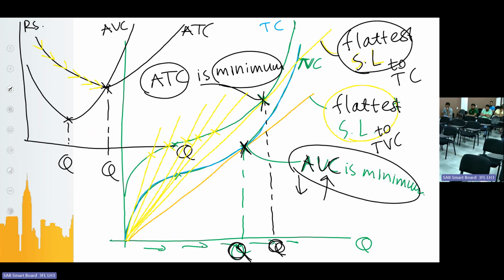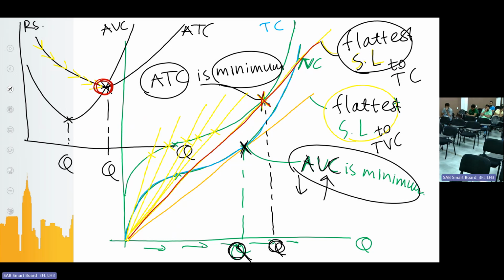And then it reaches the point where we can draw the flattest straight line to ATC, and that is where ATC is minimum.